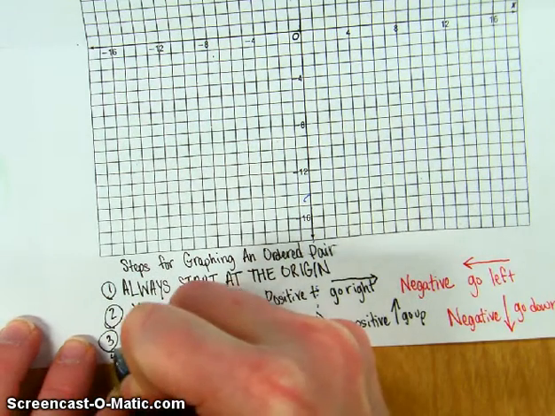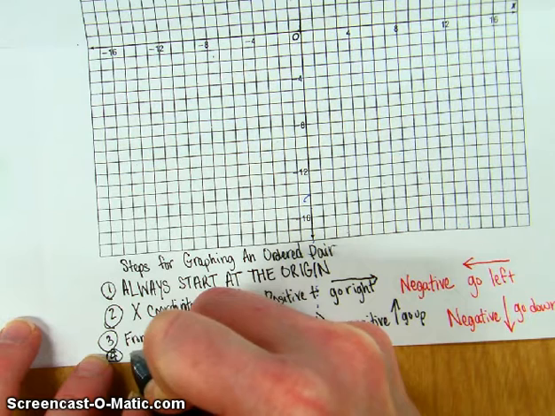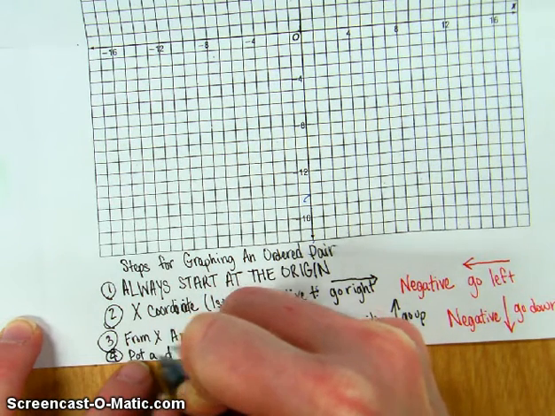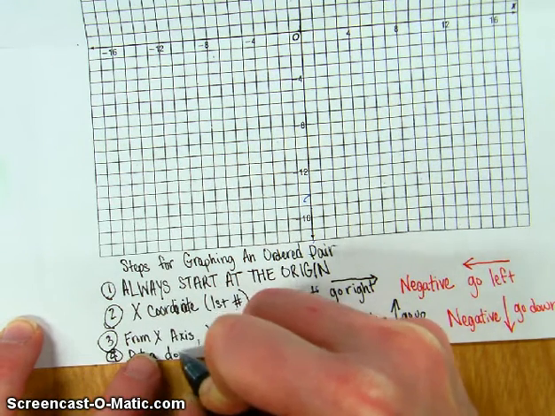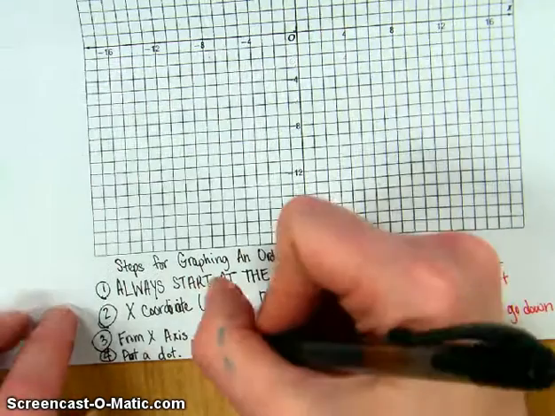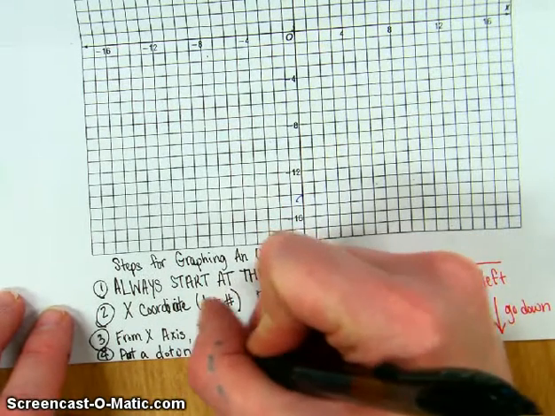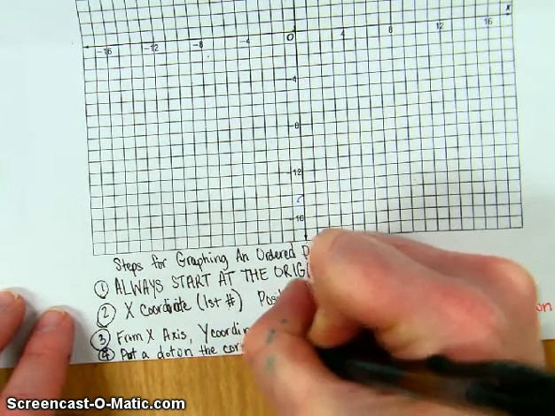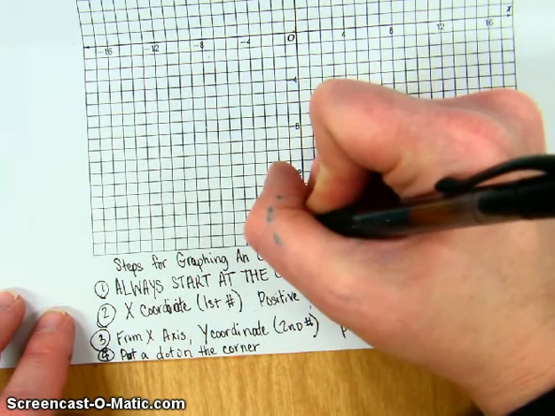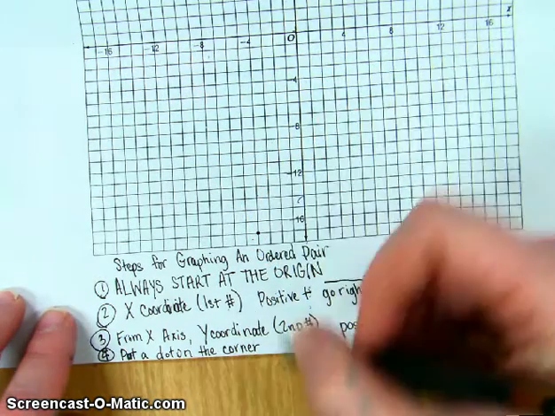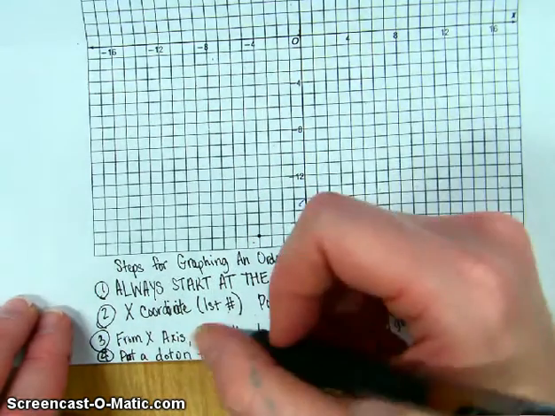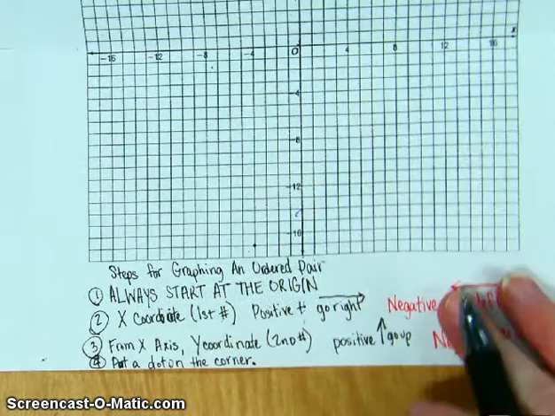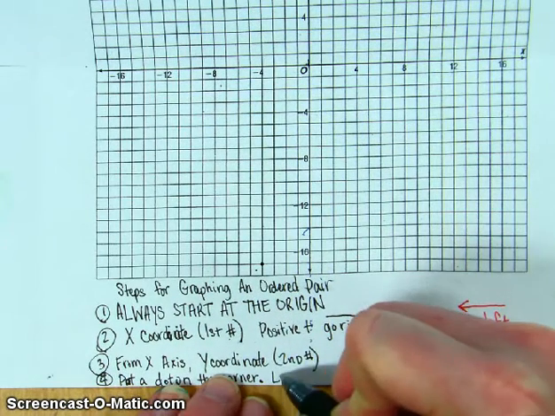There, you're going to put a dot. And that dot is going to be on the corner, not in the middle, as long as you're dealing with whole numbers. And then you need to label that point.